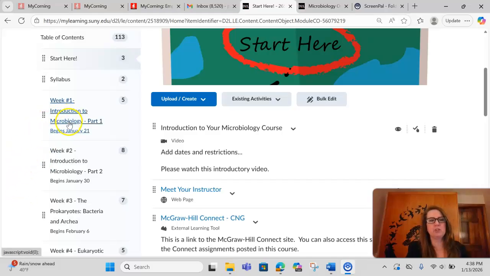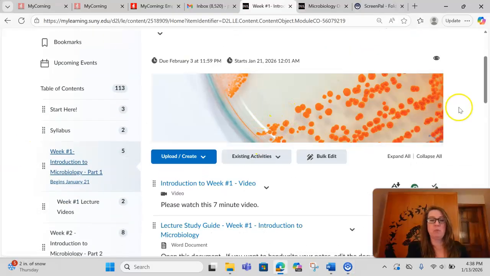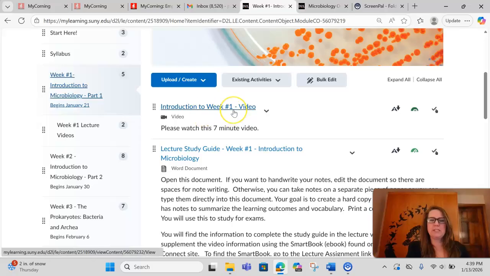In each of these folders, you're going to see the things that you're going to need to do that week. So I will be putting together an introduction to the week. If you don't see the introduction to the week, it means I decided not to do it. I am following in the footsteps of a best friend and colleague, and she did that.